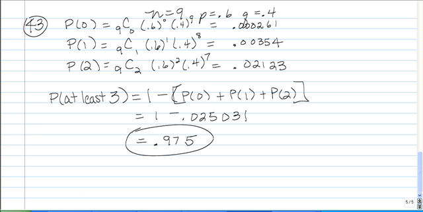And that's the correct answer. So again, on this one, for at least 3, you could add up the probability of 3, 4, 5, 6, 7, 8, and 9 successes. I chose to do the complement because it's a lot shorter. For the complement, we choose everything that's not at least 3. That would be 0, 1, and 2. And then we subtract the sum of those probabilities from 1.